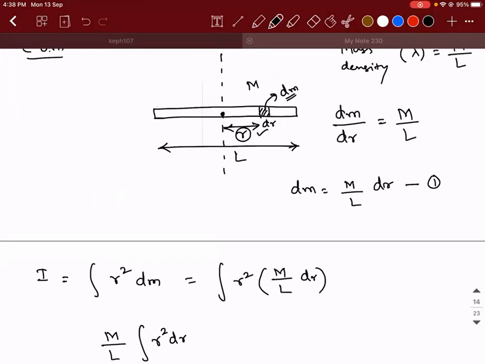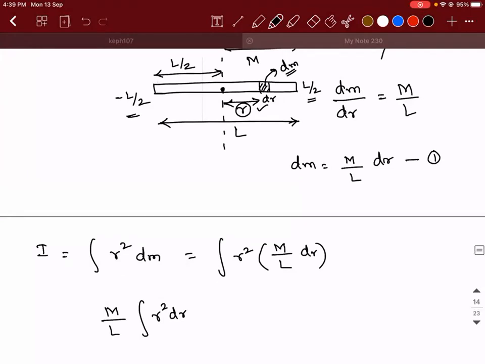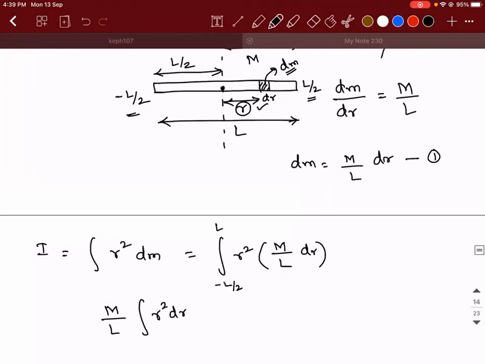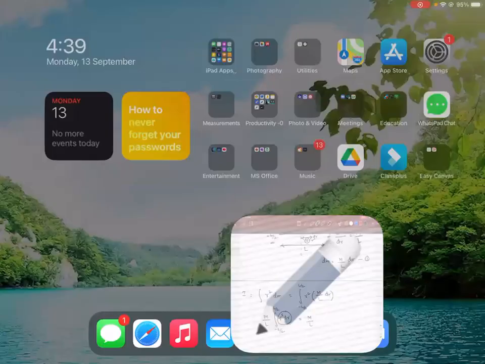Since r is measured from the center of the rod, if I take that center as origin, this will be minus L by 2 and this will be plus L by 2. Correct? Now it is M divided by L into integral of r square dr. What is the answer? r cube by 3. Very good.